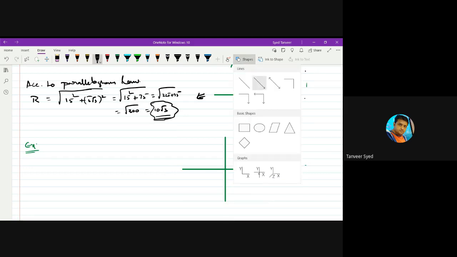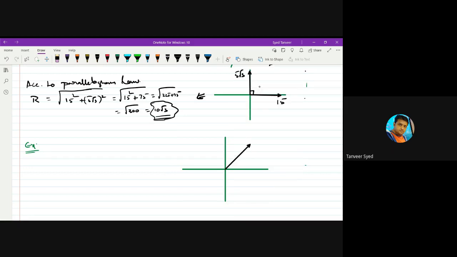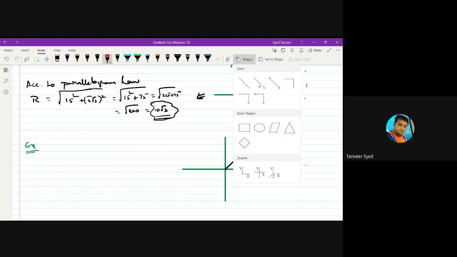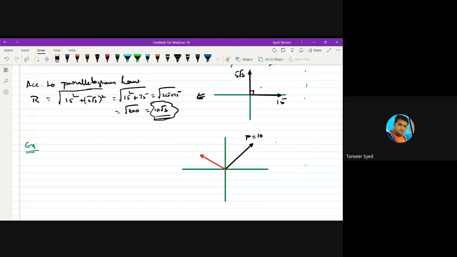These are the two vectors. This is vector p, 10 unit. This is vector q, also 10 unit.